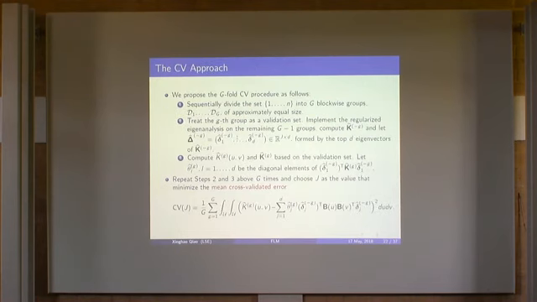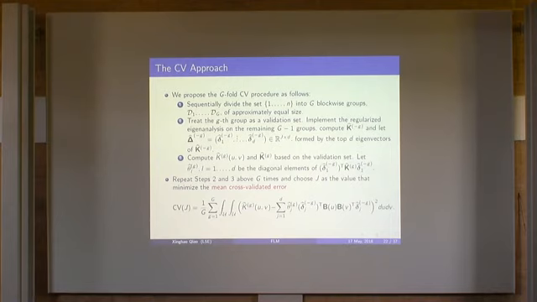So the cross-validation approach here, I'm not going to talk about in detail, but we sequentially divide the data into, if J is 5, then 5 blockwise groups. Based on the validation set, we estimate the eigenvalues and eigenvectors.